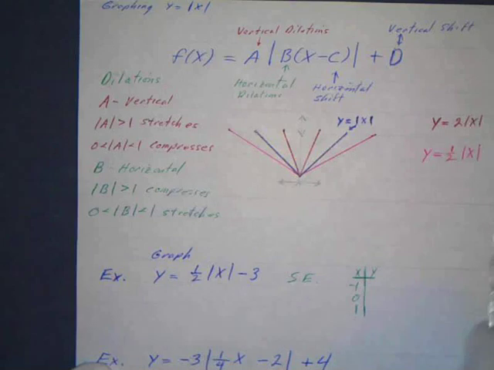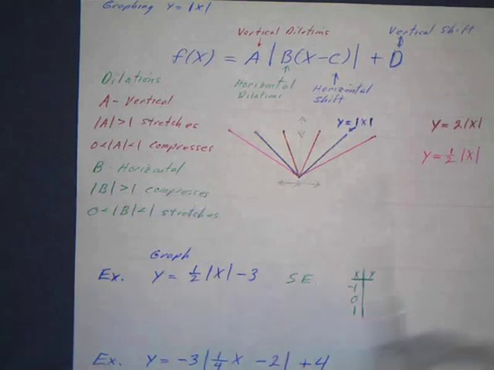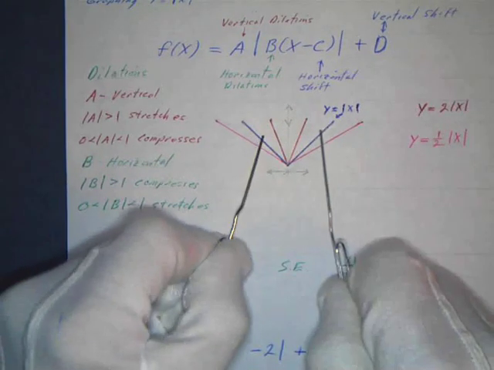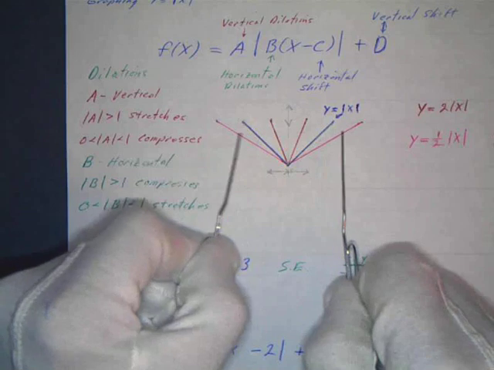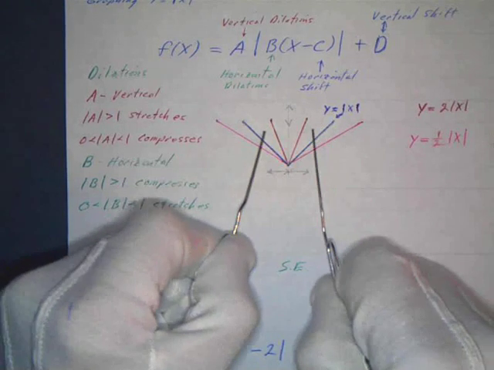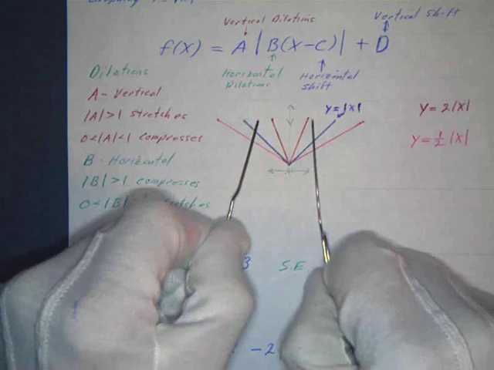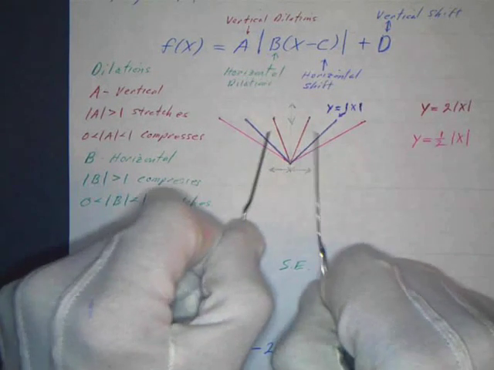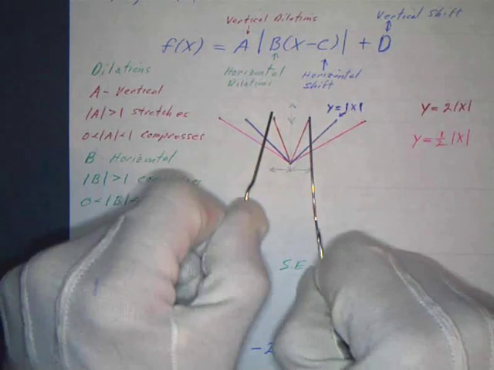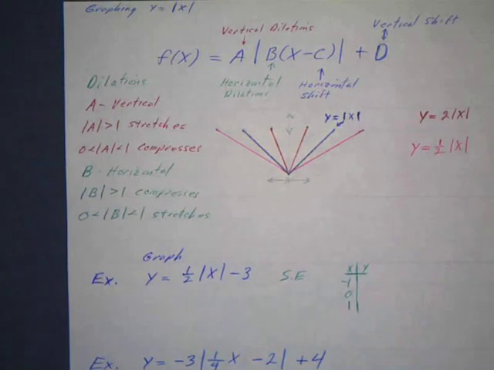So that's what's happening. That's what we talk about, a horizontal stretch or a horizontal compression. Or a vertical stretch, up like this. So it pulls that up. Or vertical compression. And the numbers inside do that.